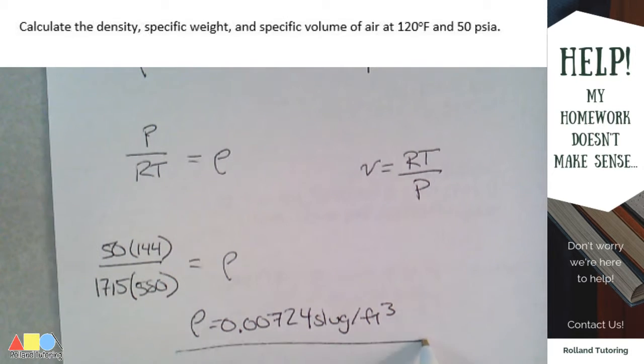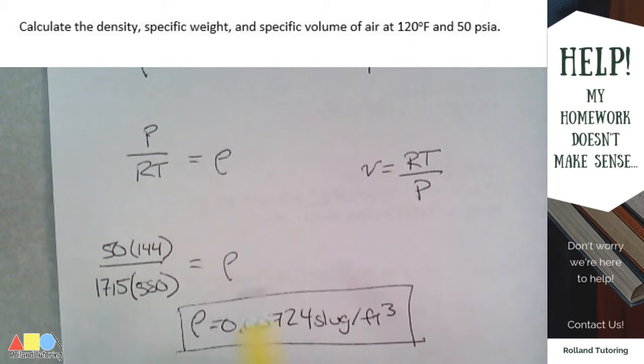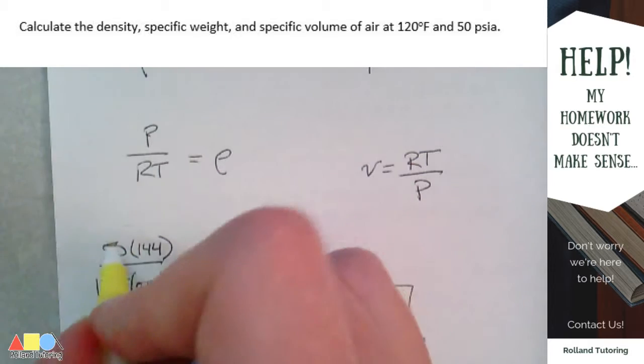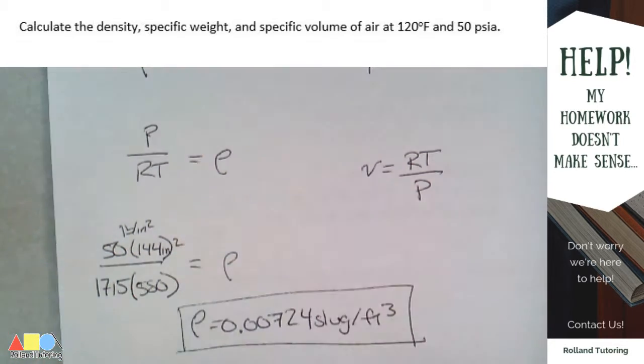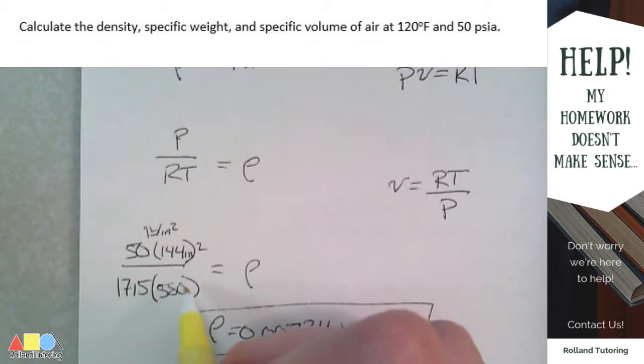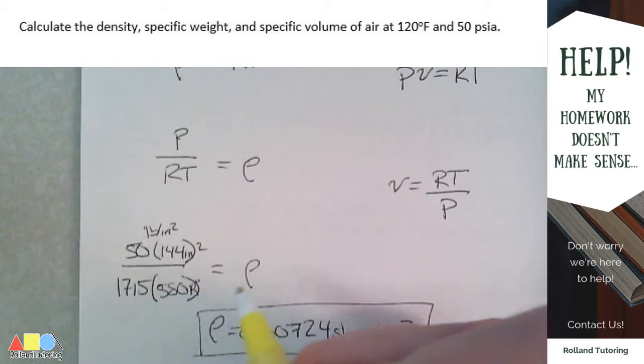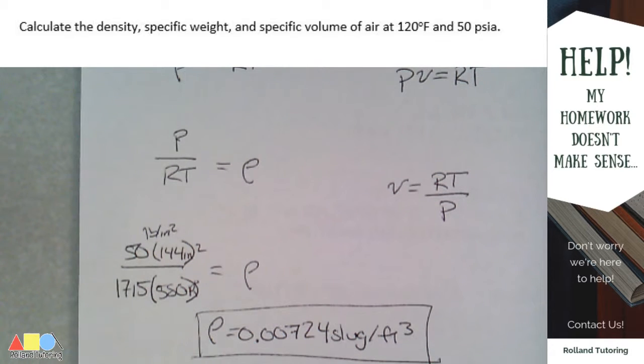And again, you'll just want to follow your units. If you're having trouble with that, I would recommend writing your units behind each one of these. So you could say pounds per inch squared times inch squared, which will leave you with pounds. And then we have degrees Rankine here, and our unit for R. Grab that again.